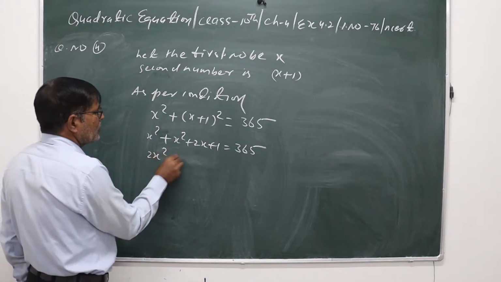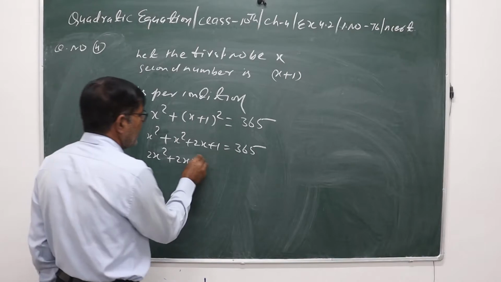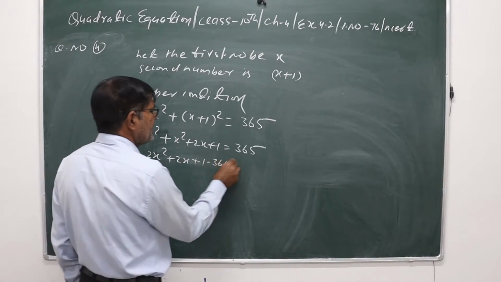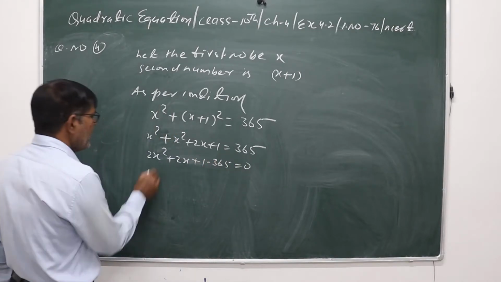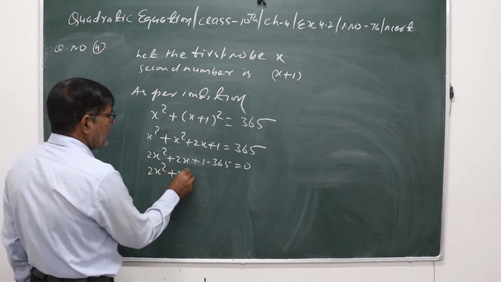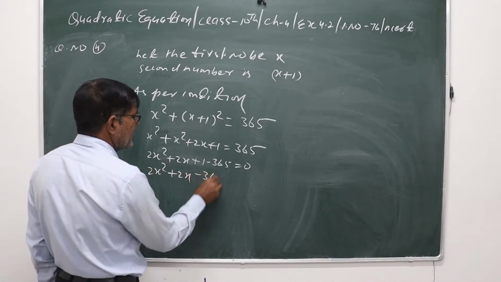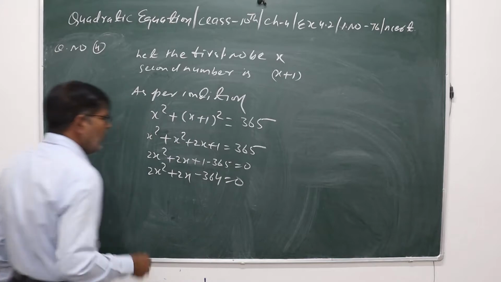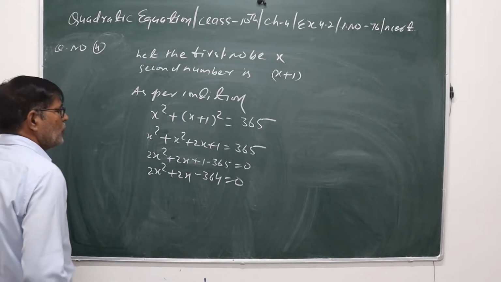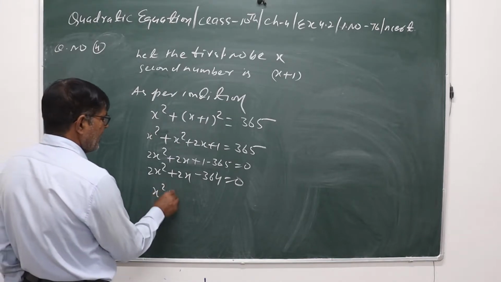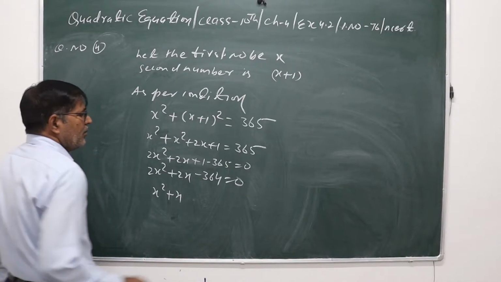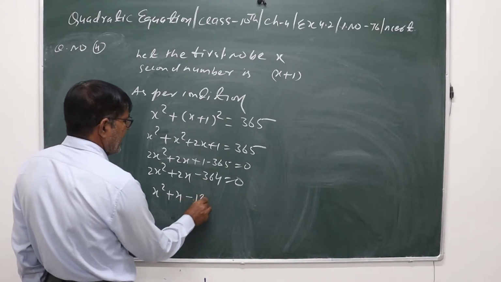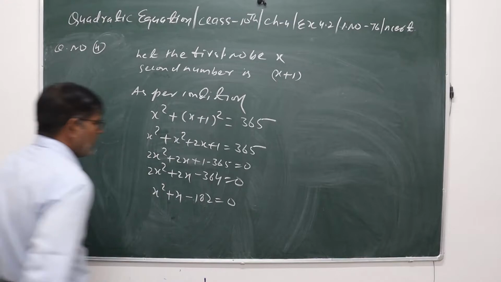So 2x square plus 2x plus 1 minus 365 is equal to 0. So 2x square plus 2x minus 364 is equal to 0. On dividing by 2 throughout, x square plus x minus 182 is equal to 0.